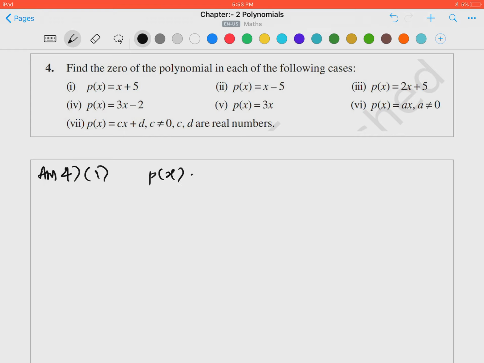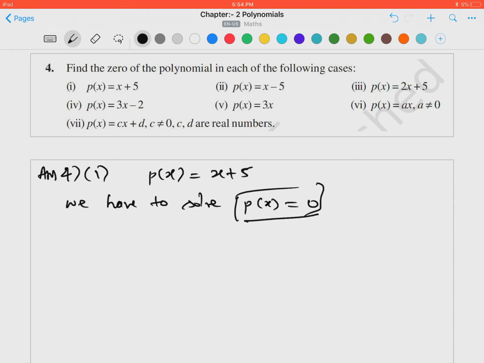We have p(x) equals x plus 5. Finding its zero means we will put p(x) equal to 0. That means we have to solve p(x) equal to 0.